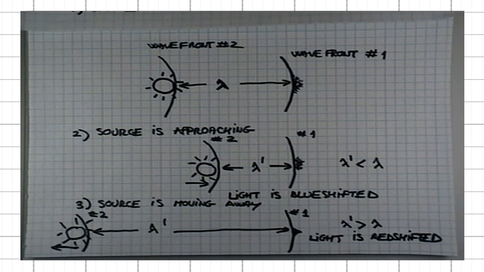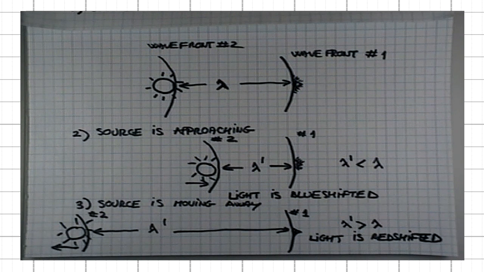Okay, so depending on whether the source is stationary with respect to you or whether it's moving towards you or away from you, the wavelength of light will have different values. If the source is approaching you, the wavelength that you detect would be shorter than the one that you would get if the source of light was not moving.